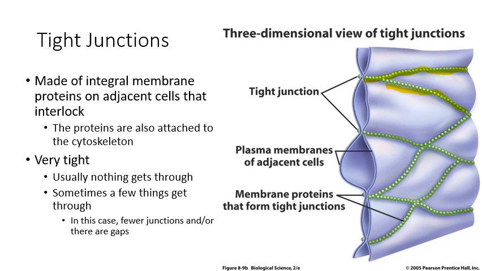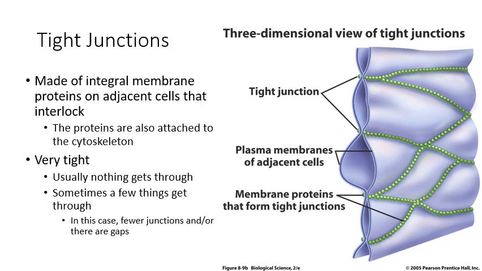So you're going to have these lines of proteins, which are integral membrane proteins. That just means that the protein is embedded in the membrane of the cell. You're going to have lines of those on each cell that's going to participate in the junction, and then those integral proteins just meet up and bind together, thereby binding the two walls of the cells together. And you're usually going to have multiple lines of them like this.